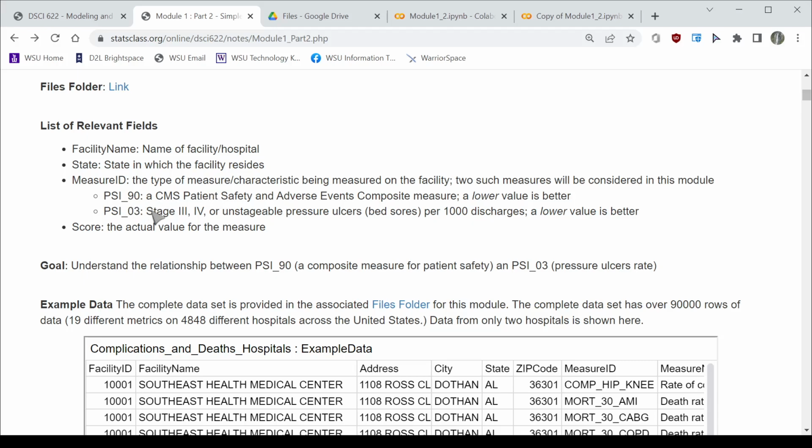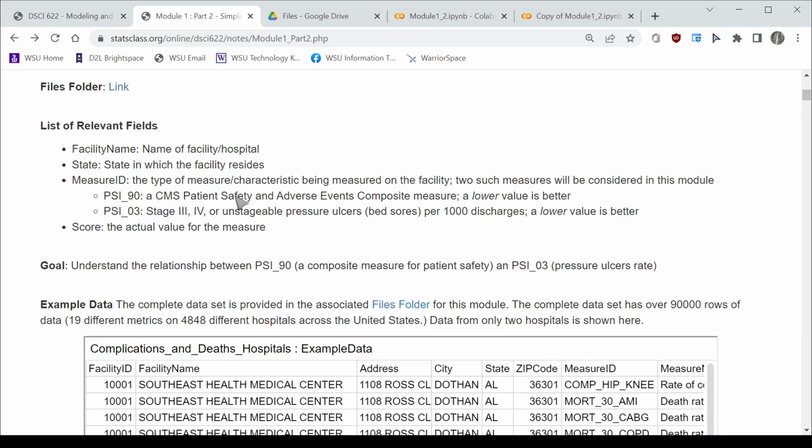Some of the measures that I'm going to be looking at are PSI 90, which is a patient safety and adverse events composite score or measure. And we want this value or this quantity to be low. That is, it is better to have a low PSI 90 score. That's going to be my response variable throughout this module.